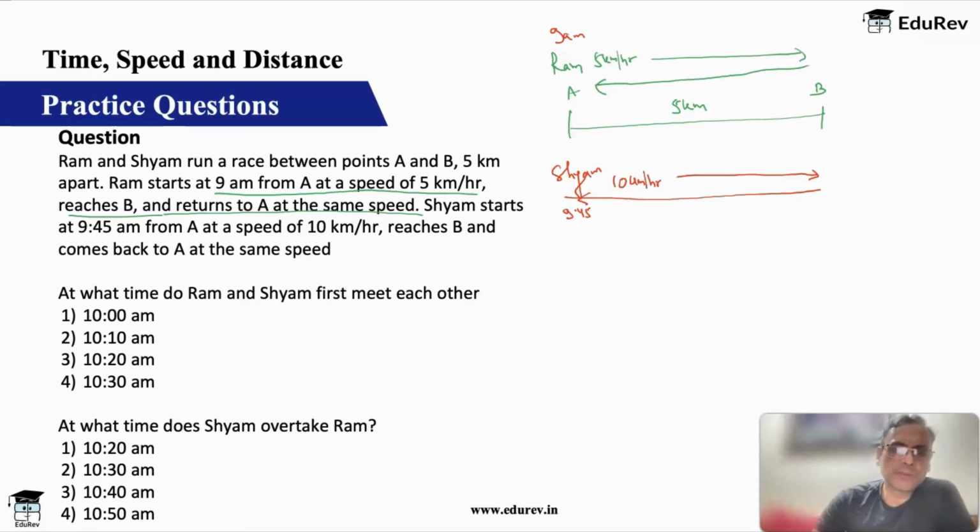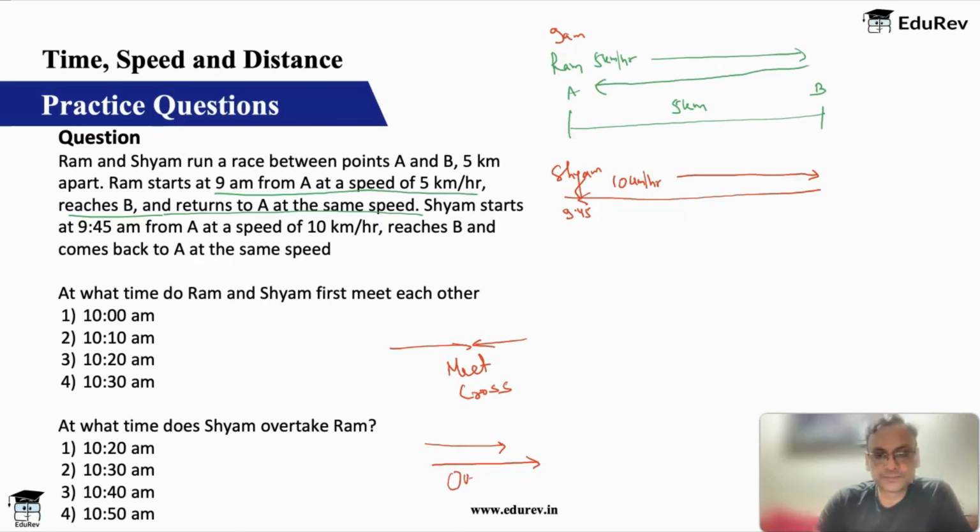Now remember, when people are running in opposite direction, then we don't use the word overtake. We say they meet or they cross. Whereas when people are running in the same direction, the one who comes from behind at a faster speed and goes ahead of the person who is slower, this is called overtake.